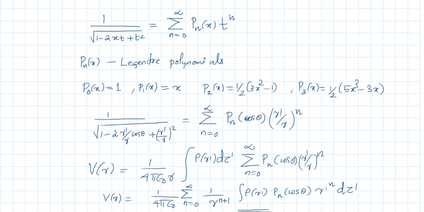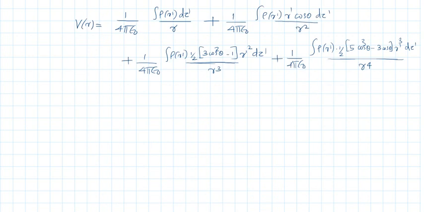Simply by substituting the various polynomial values here and putting n equal to 1, 2, 3, 4, plus etc. So potential contains infinite terms.